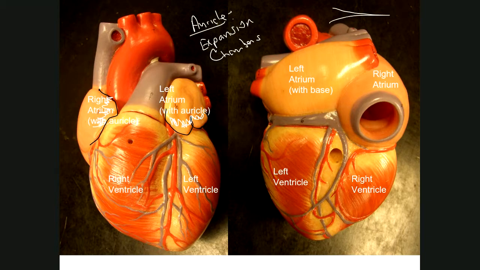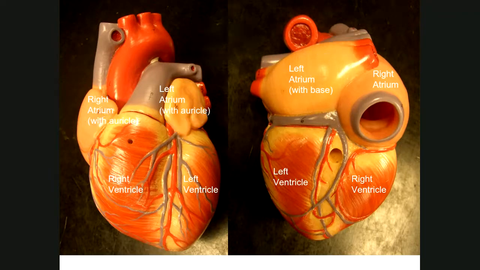But if you start exercising, more blood's going to come into the heart, and this is going to open up like that so that there's more room for blood inside the heart. This is another way to tell anterior from posterior, because the auricles are only on the front. They're not on the back. You don't have anything like that.